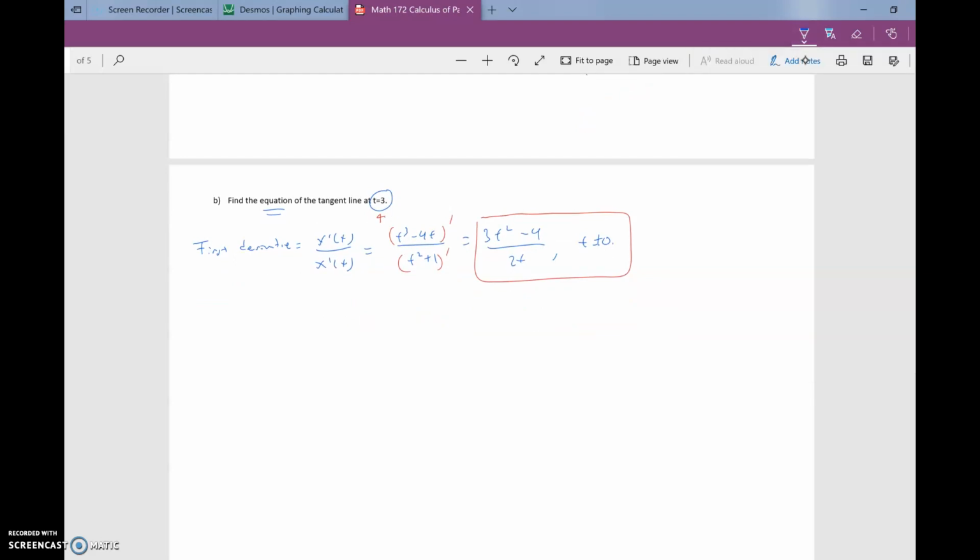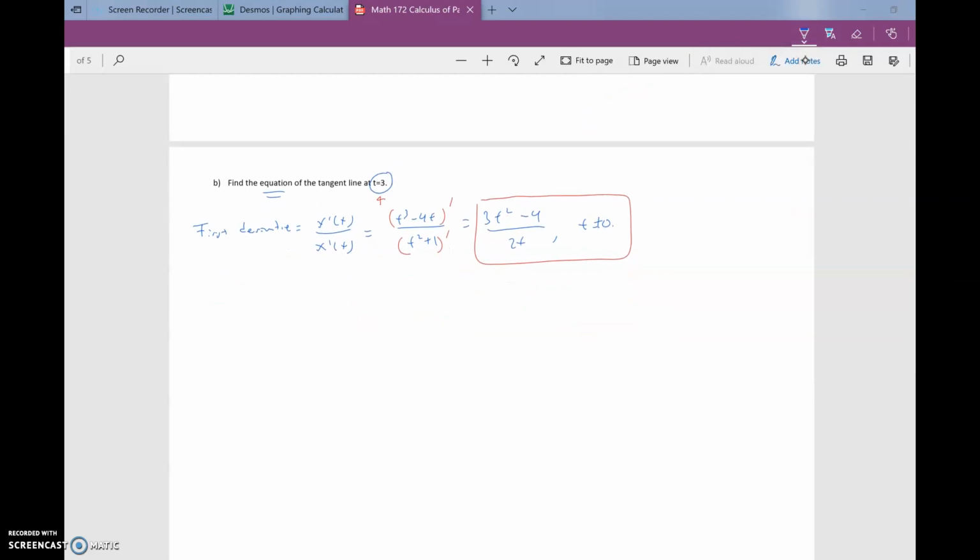That's going to be our derivative for this function. So the next portion of the problem that we need to evaluate is the derivative at t is equal to 3. I'm just going to say that this is 3t squared minus 4 over 2t evaluated at t is equal to 3.